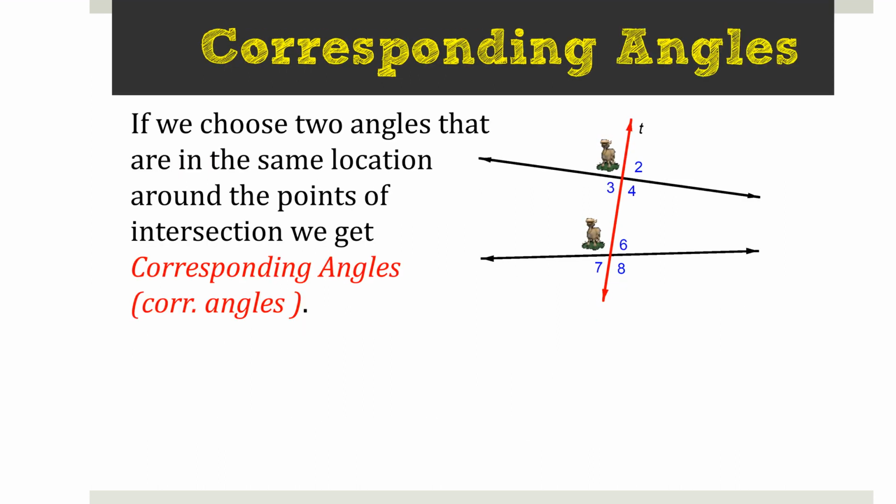Corresponding angles. They're called corresponding angles because they're in the same corresponding location around the points of intersection. So you'll notice my mooing cows are in the upper left-hand corner. The upper left-hand corner from the top point of intersection matches with the upper left-hand corner from the bottom point of intersection.